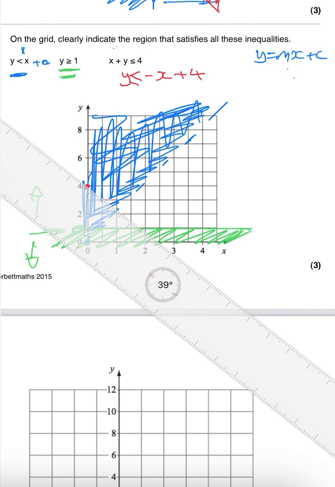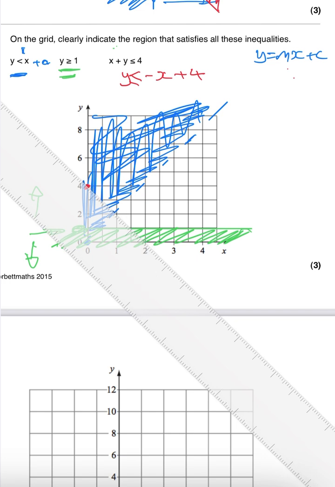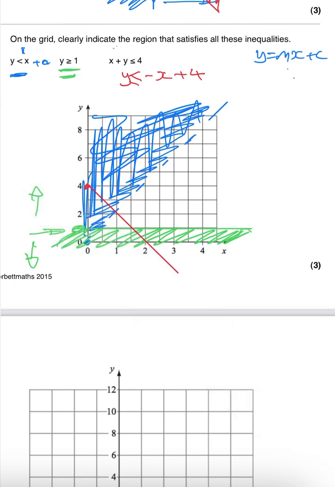And it's going to look tiny like the previous one again. 45 degrees. Okay. There we go. And y is less than, so we shade where y is greater than.